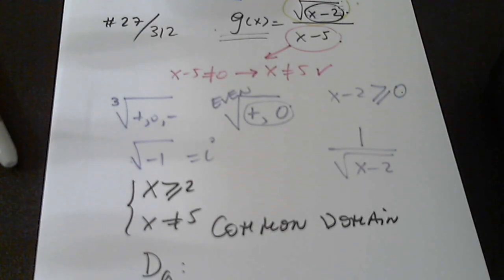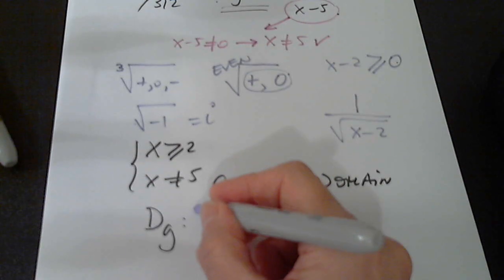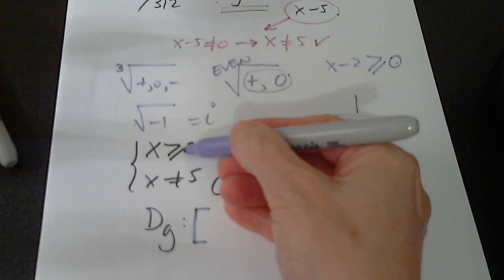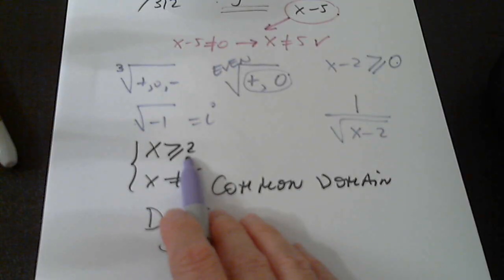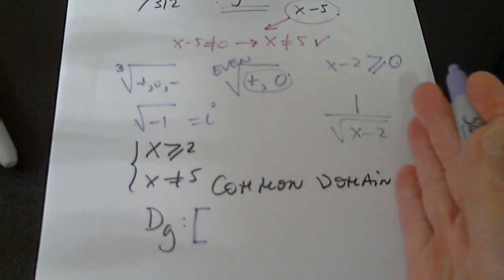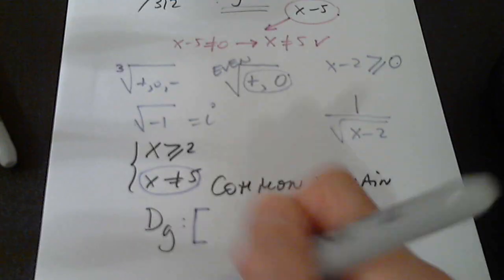Anyone, please? Would it be, in parentheses, would it be infinity, comma? We start at 2. Greater than or equal to 2, and not 5.